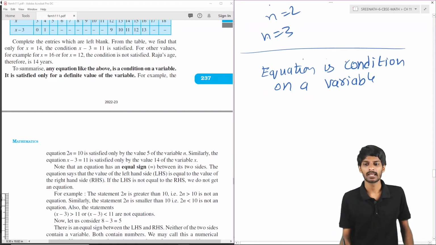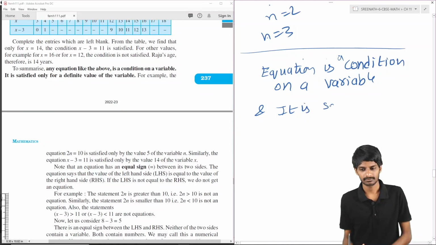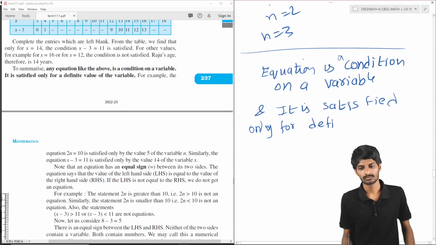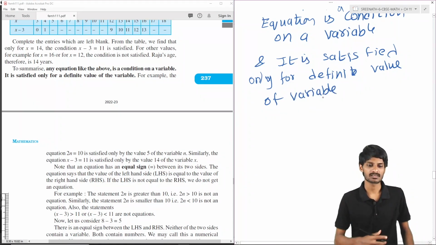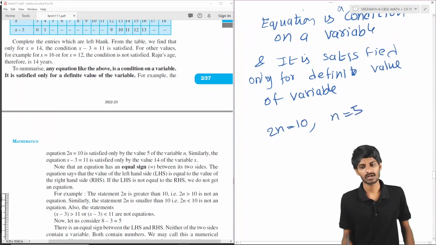So an equation is a condition on a variable, and it is satisfied only for a definite value of the variable, students. So if you take 2n equal to 10, it is satisfied for n equal to 5 only, like that. The value of the variable is n.